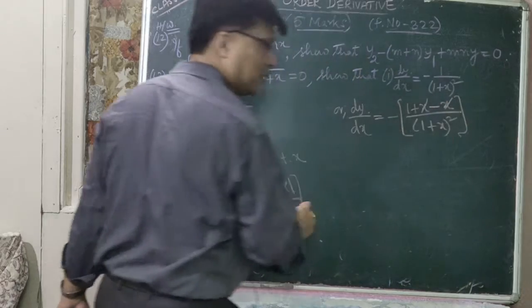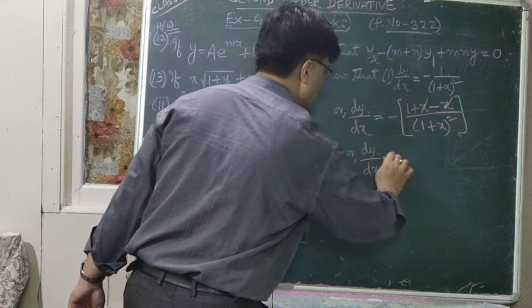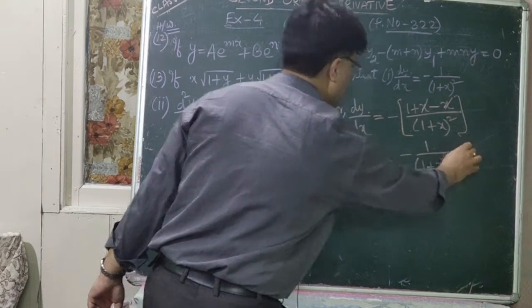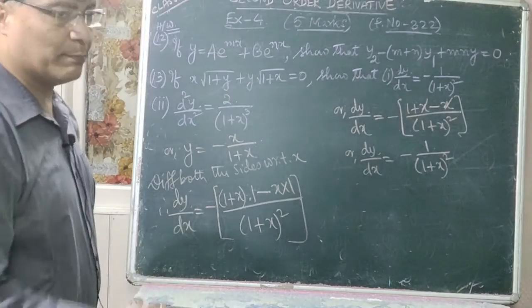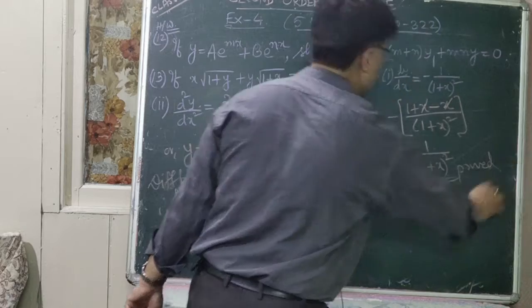So here x gets cancelled. So what is the value for dy by dx? Which is equal to minus 1 upon 1 plus x whole square. So we have proved the first part. So first part is done, proved.